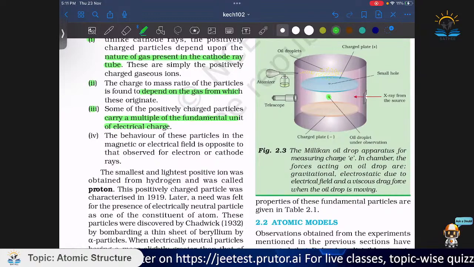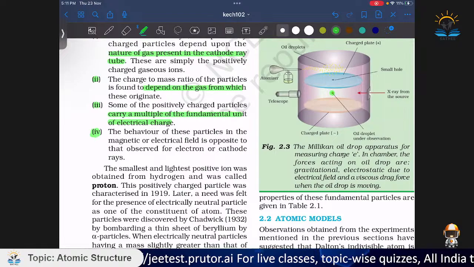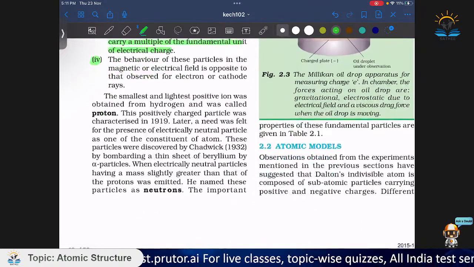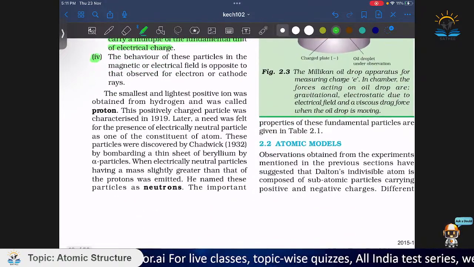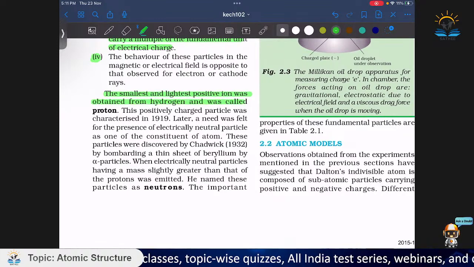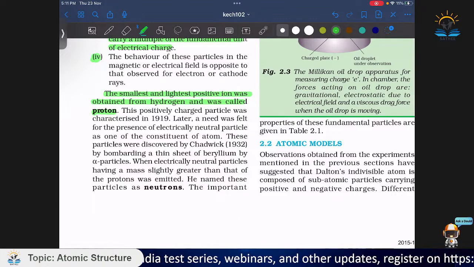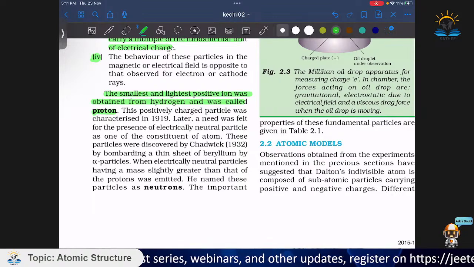Now, the behavior in magnetic and electric fields is opposite to that of electrons or cathode rays, so these were positively charged. The smallest and lightest positive ion was obtained from hydrogen and was called the proton. Later, this positively charged particle was characterized in 1919, and later a need was felt for an electrically neutral particle as a constituent of an atom.